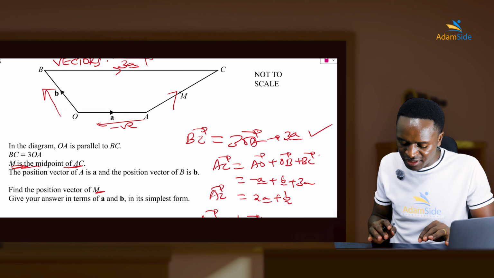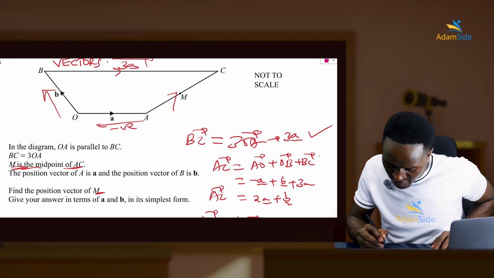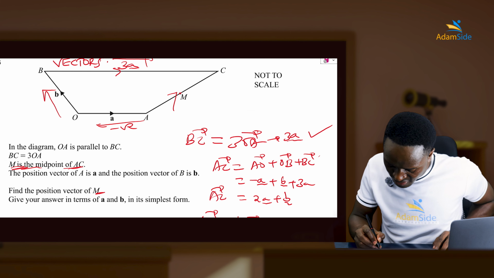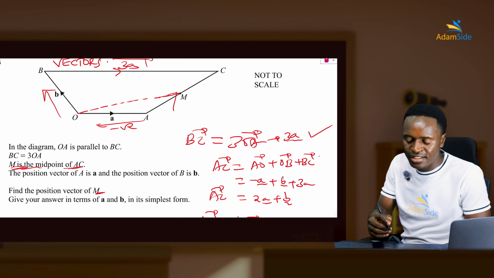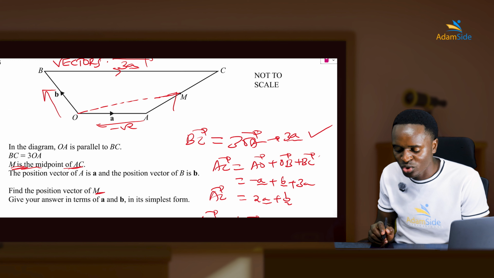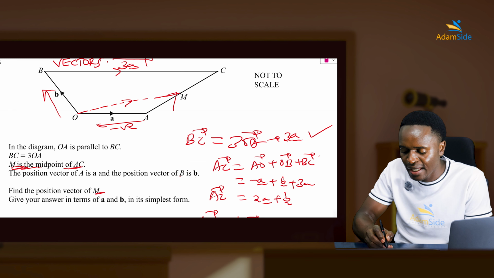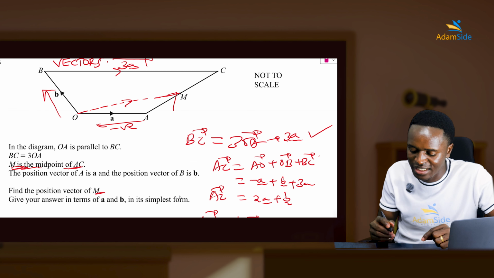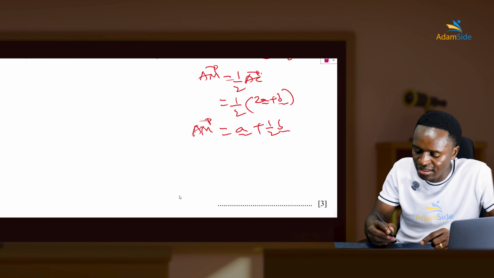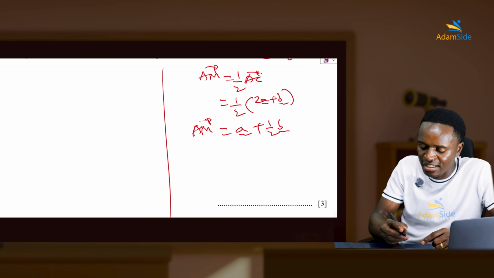Now we go back to the question. We want the position vector of point M, which is OM. To get OM, what do we need to do? You have to add vector OA plus vector AM.